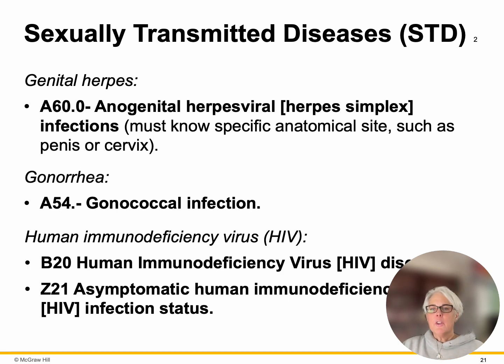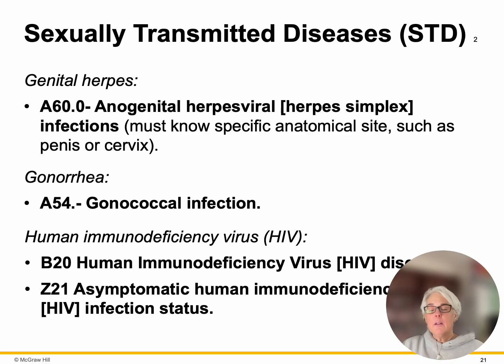Here I'm focusing on genital herpes, gonorrhea, and HIV coding. Genital herpes is coded from A60.0 and depends on the site. Gonorrhea codes from A54 change based on where the infection is and whether there are complications like pelvic inflammatory disease or arthritis.